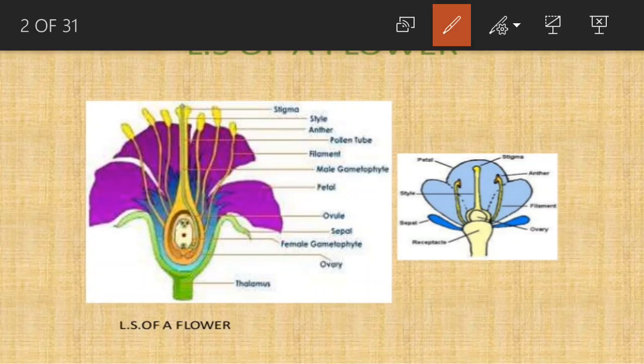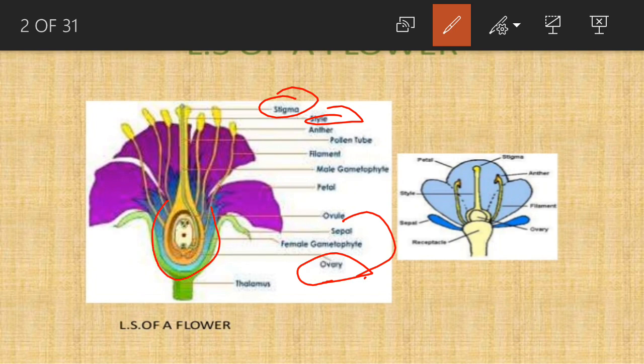It consists of the female part of the flower, that is the ovary, then the style and stigma. The ovary contains the ovules, so this is the female part of the flower. The male part consists of stamens. This is the filament and this is the anther, and together they form the stamen.